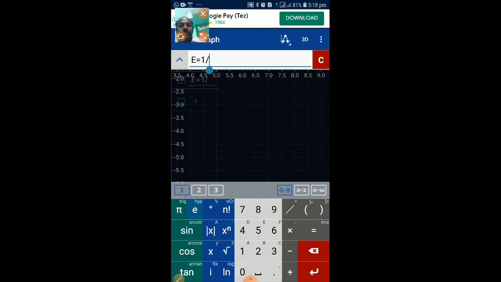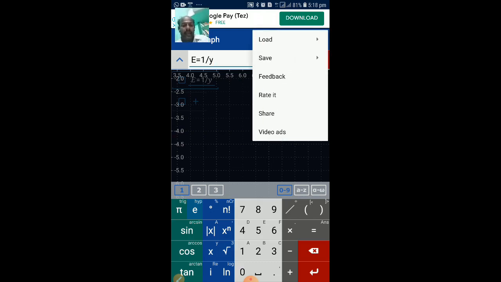Now first I am going to write E is directly proportional to 1 by r square, or E is equal to 1 by x square. Okay, so look at the graph.